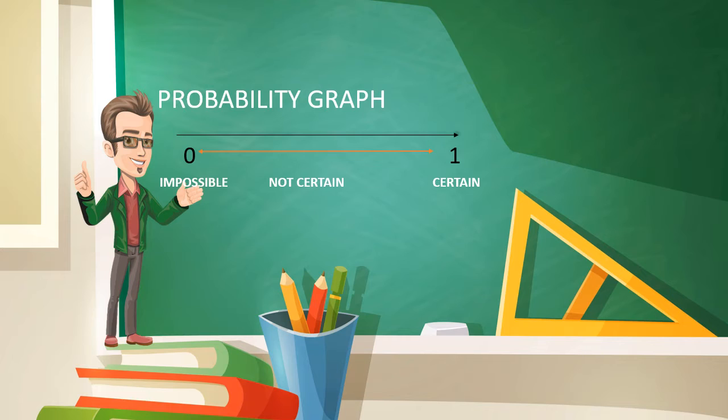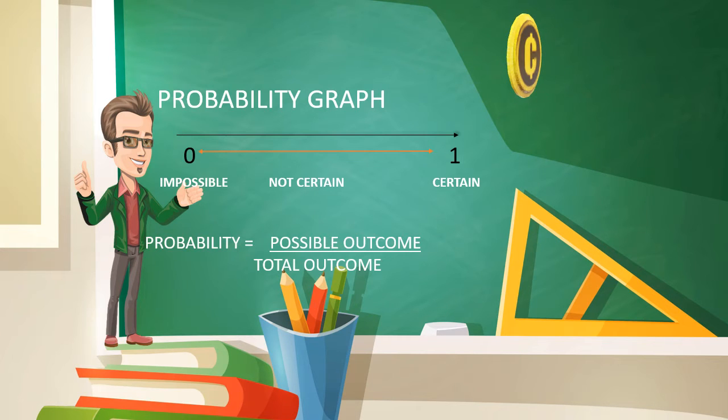When trying to calculate the likelihood of an event, we say the probability of an event. This is given as possible outcome divided by total outcome. For instance, the probability of getting a tail in a coin is 50-50, or 1/2, because it only has 2 sides.